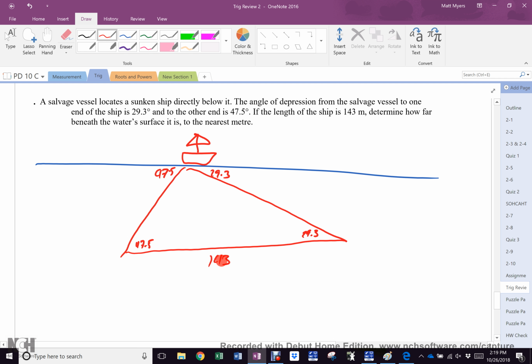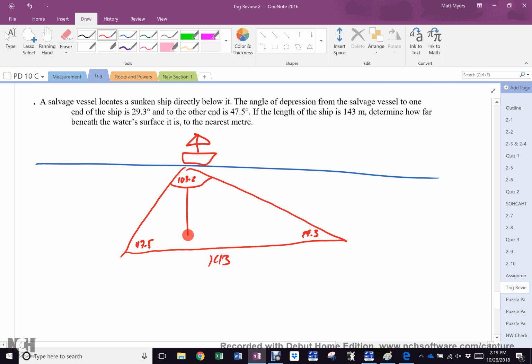I want the depth. I need that. I can find that a whole lot of ways, can't I? I personally would do this. This is 47.5. This is 29.3, which means this is what? 103.2, correct?